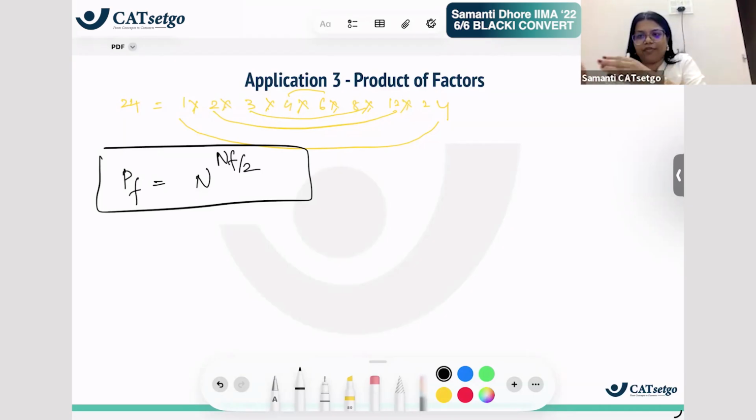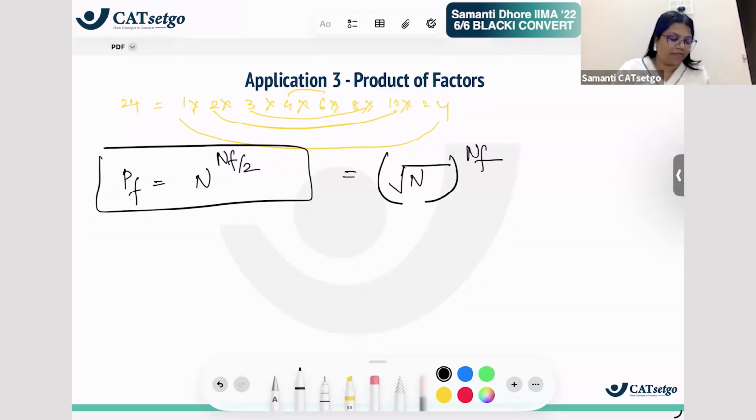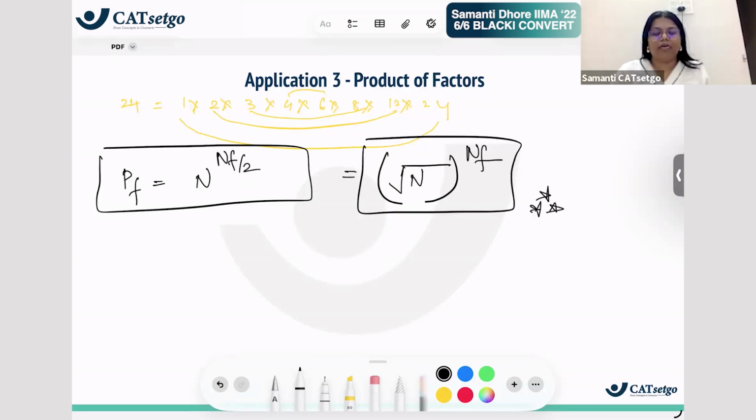So this becomes 24 into 24 into 24 into 24, 4 times. So whatever the number n is given, that raised to power. And just in case it's a perfect square, it is root n raised to power, because n raised to 1 by 2 n यहाँ पे. That is it. So this is product of factors. Fair? Understood? Okay? This is as simple as it can get.